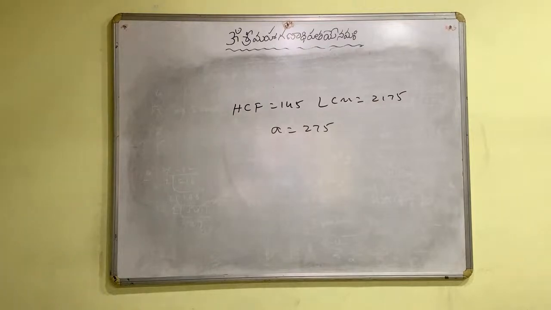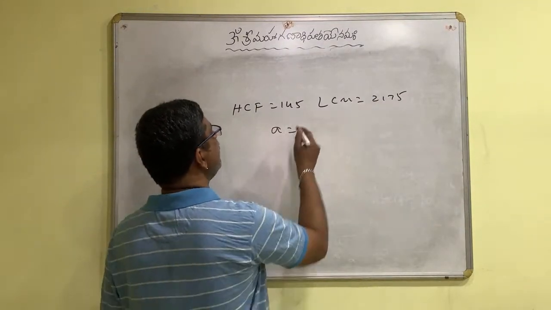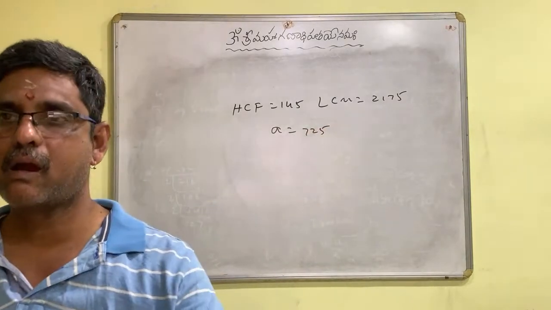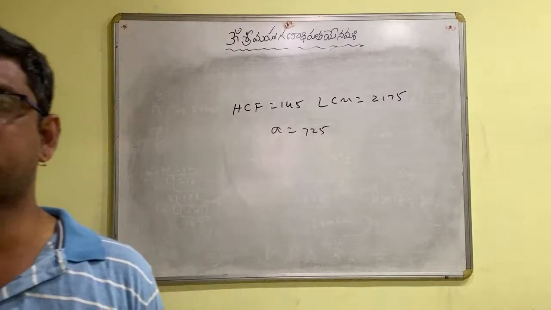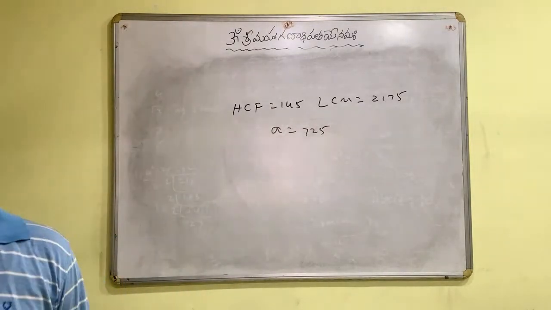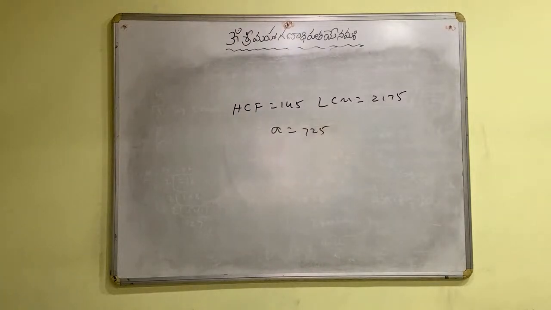Find the other number. Children, see, there are two numbers whose HCF is 145. LCM is 2175 and one of the numbers is given as 725. Find the other number.